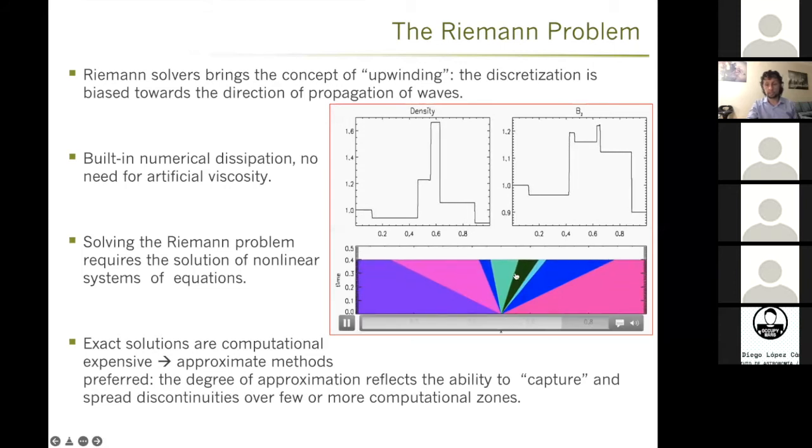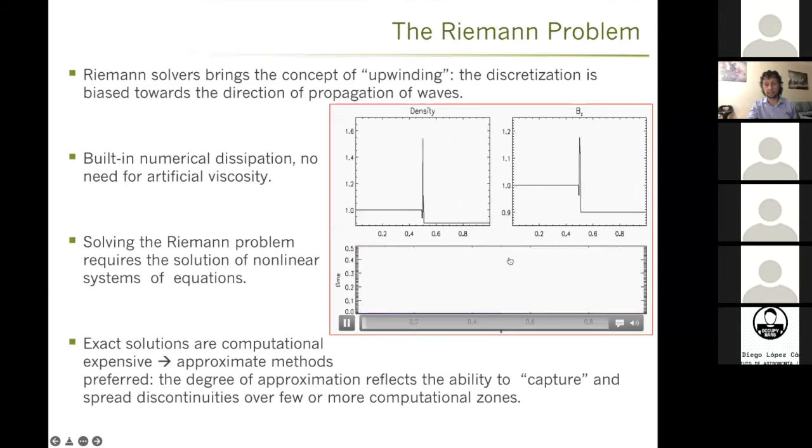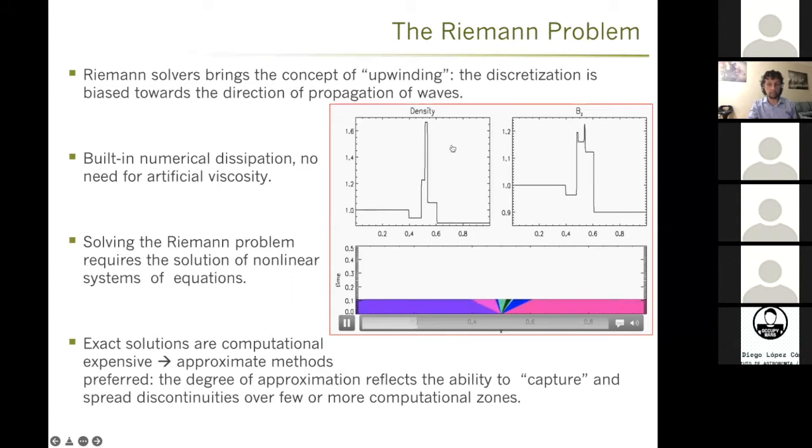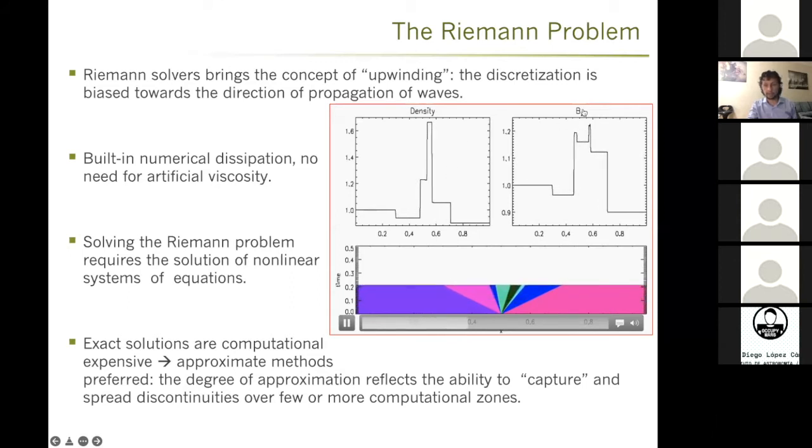This is the contact discontinuity, the one separating dark green from light green. And then in the top, you can see actually how the discontinuity evolves, because you form different jumps in density on the left and the Z component of magnetic field.